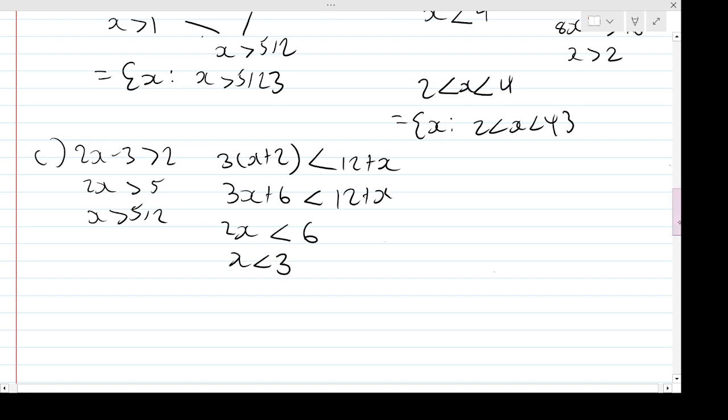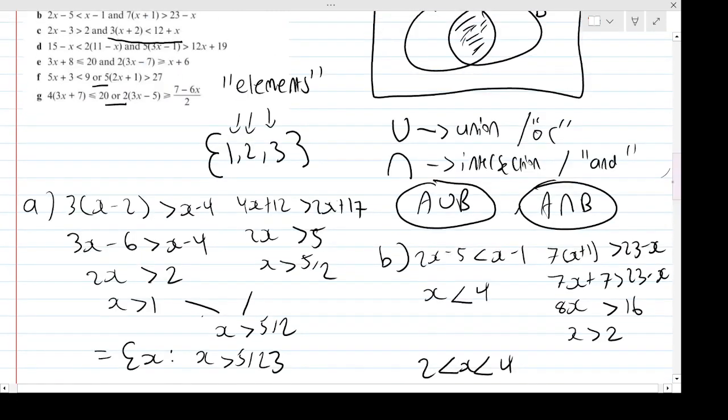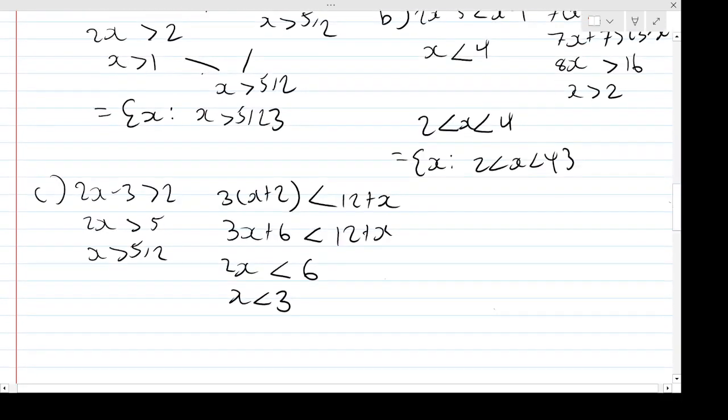Cool. So those are the inequalities. But notice it's saying and again, so it needs to combine inequalities. It has to be both of them, so it needs to satisfy both inequalities. So think about it again. Use words to help. This one is saying x has to be above 5 over 2, which is 2.5. So x has to be greater than 2.5, but then x has to be less than 3.